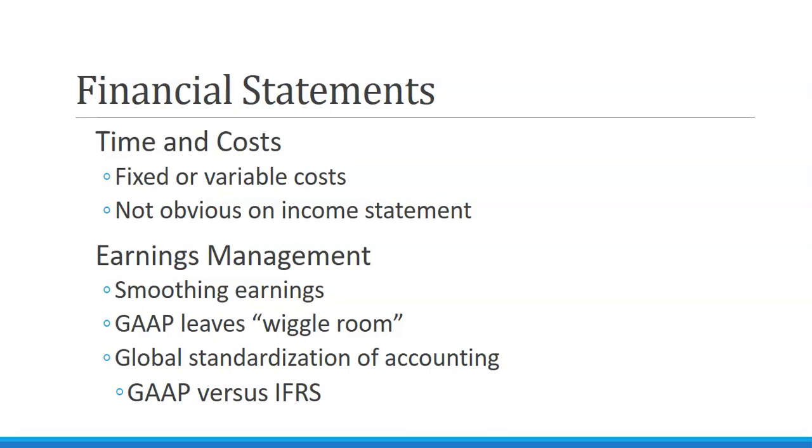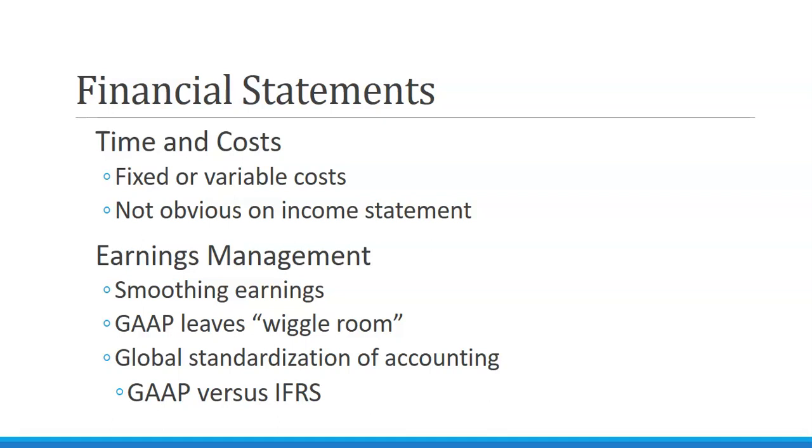Other things might be earnings management. Earnings management occurs when a company tries to smooth their earnings. GAAP does leave wiggle room for earnings, but we want to discourage corporations from really doing so.